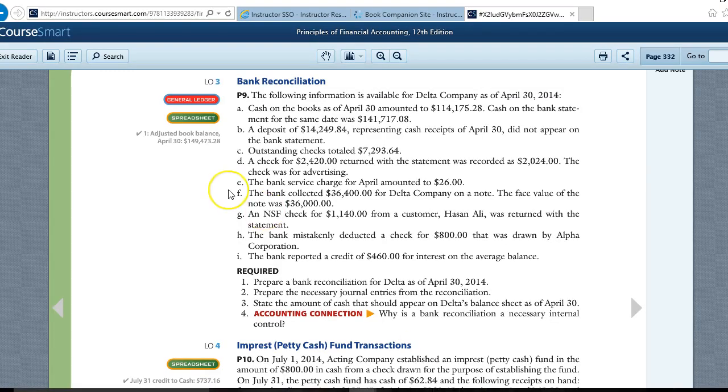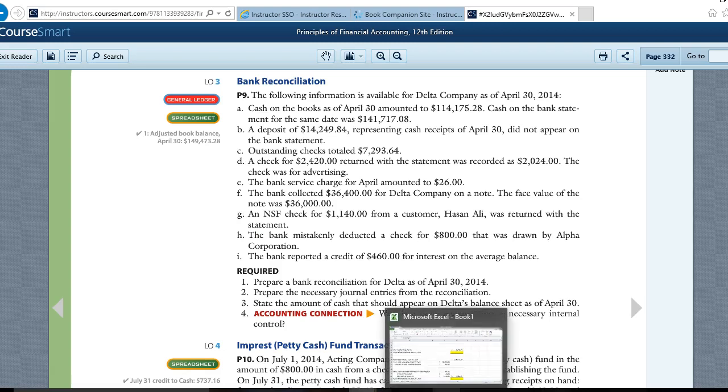Then, the bank mistakenly deducted a check for $800 that was drawn by Alpha Corporation. So they took money out of our bank that they shouldn't have.